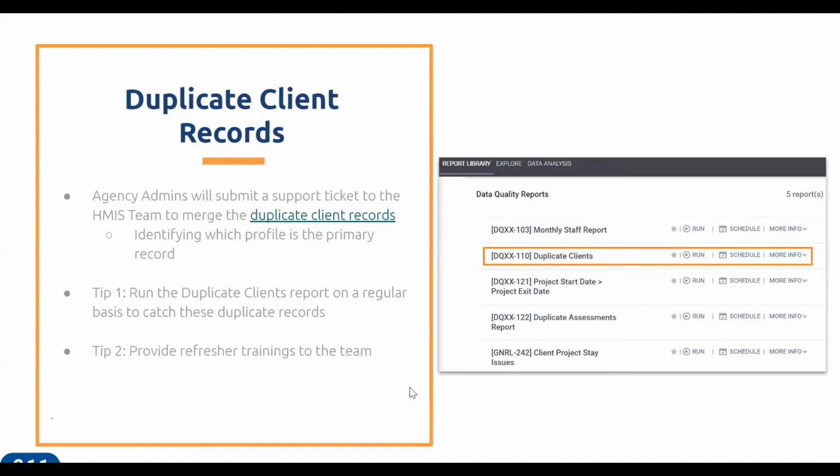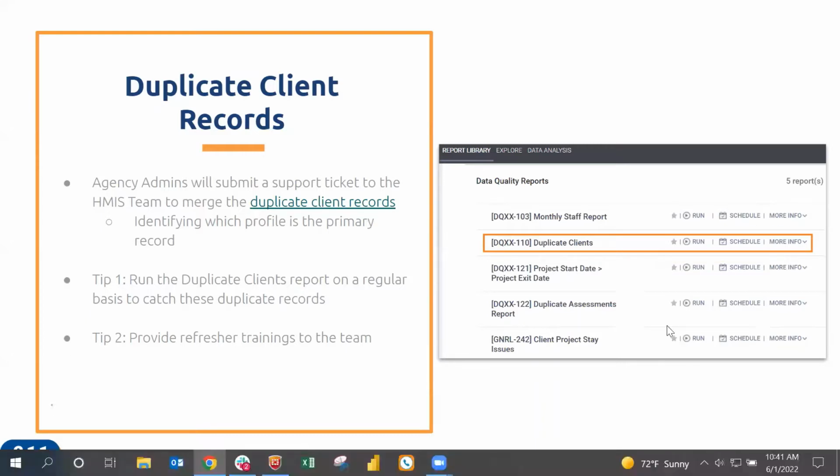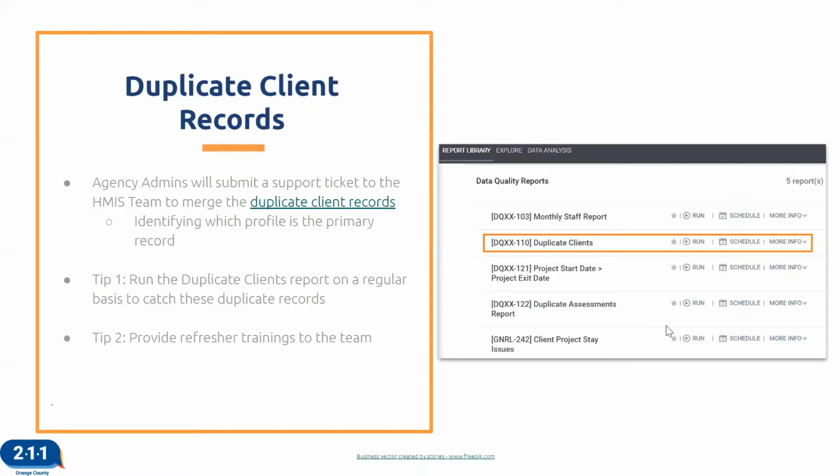So the client should be document ready before they're added to the community queue. And the document ready is just kind of the basics for a client to be matched. So it's if they meet the chronically homeless definition and have documentation for permanent supportive housing, or for rapid rehousing, it's the verification of homelessness.